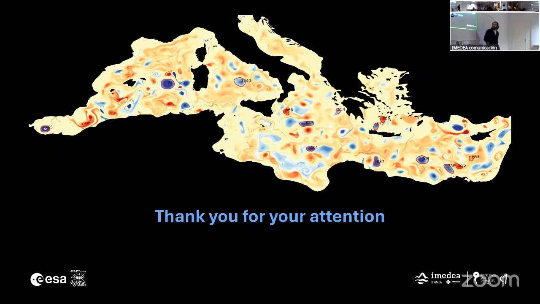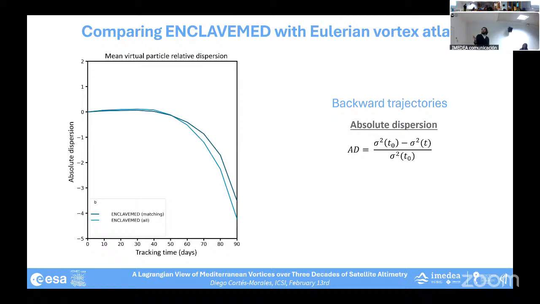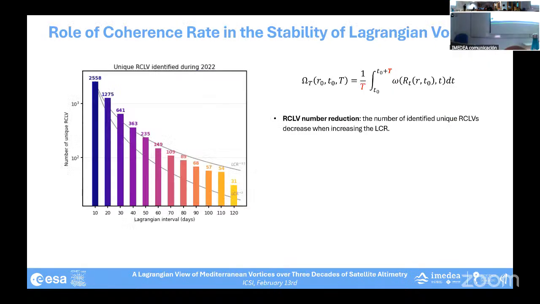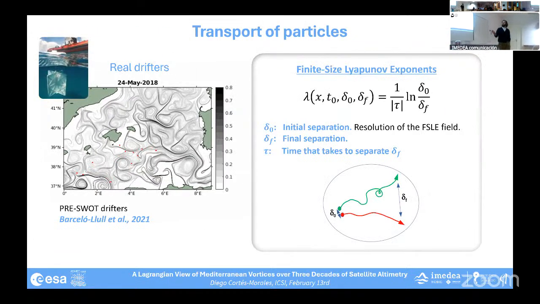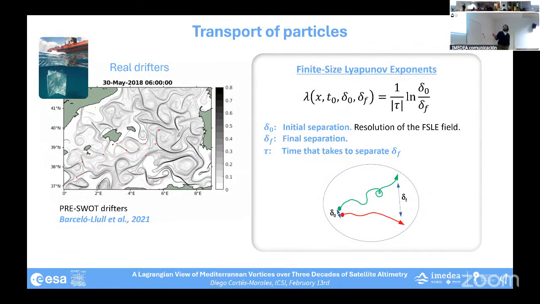Okay, so related to the first question, from conventional altimetry satellites we can only get the geostrophic flow. So all the small-scale processes and structures, we cannot see them. Of course, they are happening, and for example in the drifters we can see that there is not a perfect match between the Lyapunov exponents and where the drifter goes.